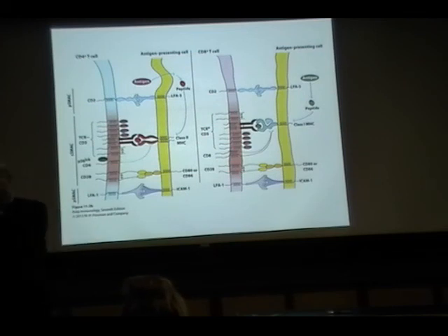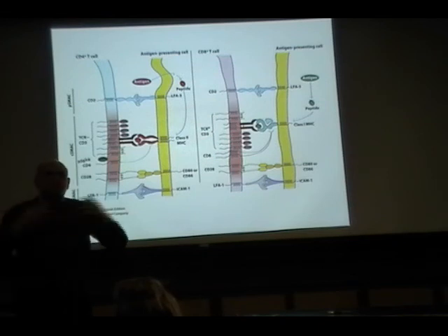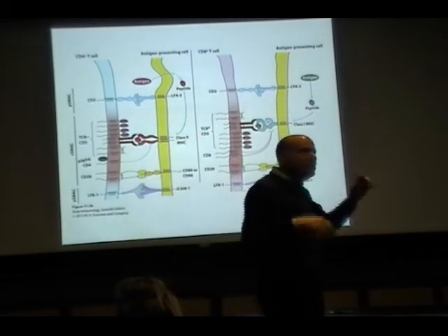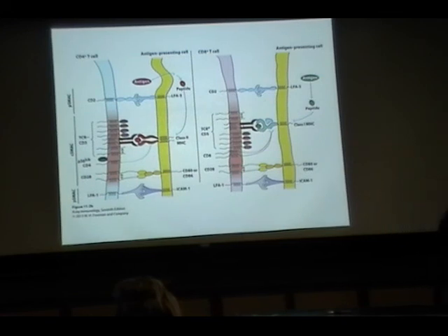Displaying "I've got a virus inside me, kill me" is also called antigen presentation, but conceptually it's not presenting antigen in the sense of getting the immune system going. It's saying, here's a virus inside me, kill me, because we don't want baby viruses. Antigen presentation is used for both terms. Throughout the hour I've been using that term. It's the only term we use. But I want you to appreciate conceptually they're quite different. Logically they're quite different. Did I lose anyone in that?